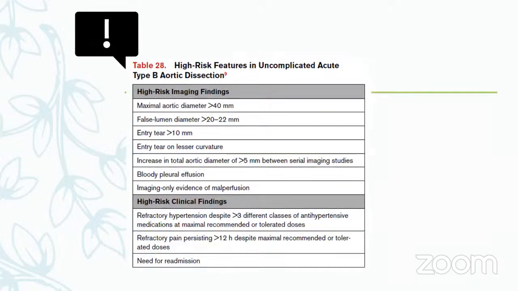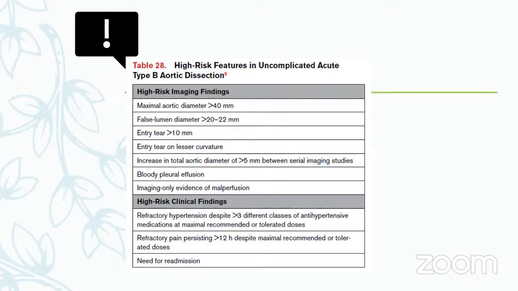What about the uncomplicated acute type B aortic dissection? There are some risk features that make an uncomplicated type B aortic dissection high risk, and they can be divided into clinical findings and imaging findings.